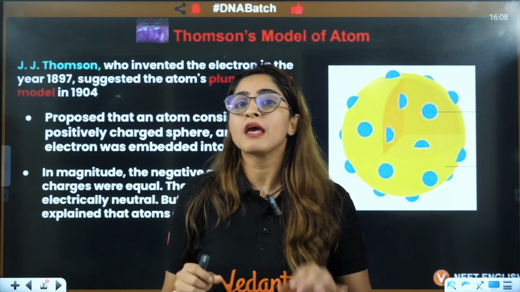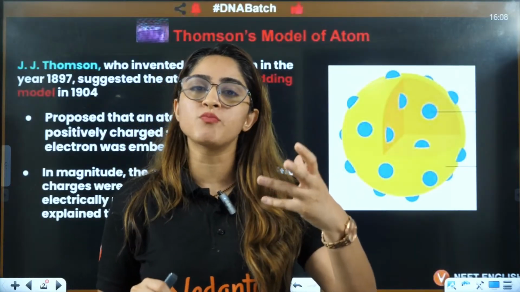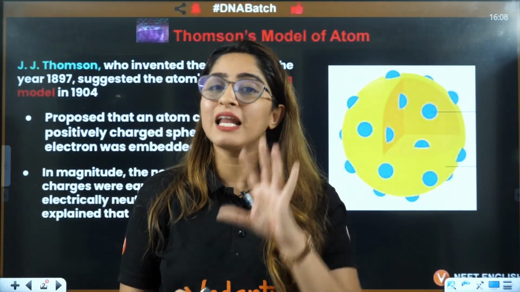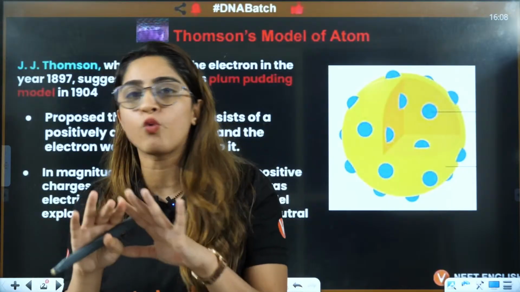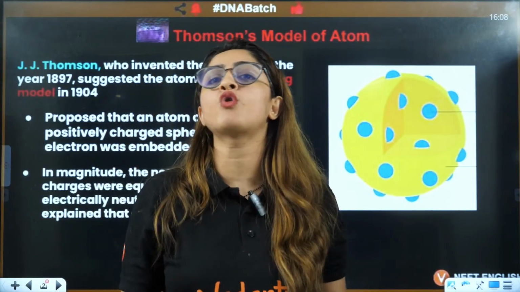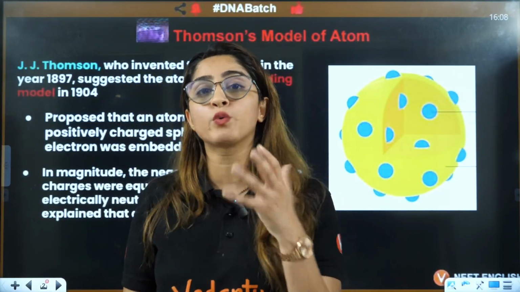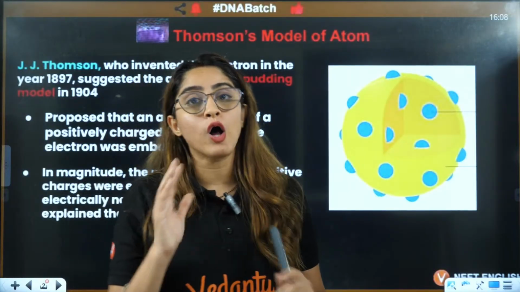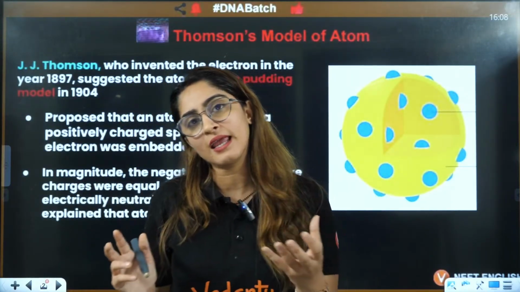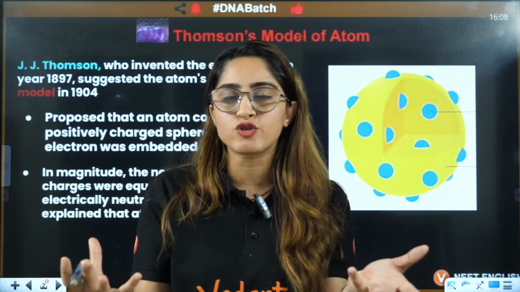But at the time of the Thomson model or Rutherford model, no neutron was discovered. They had no knowledge about neutron or nucleus. All we knew was that there is proton and there is electron.